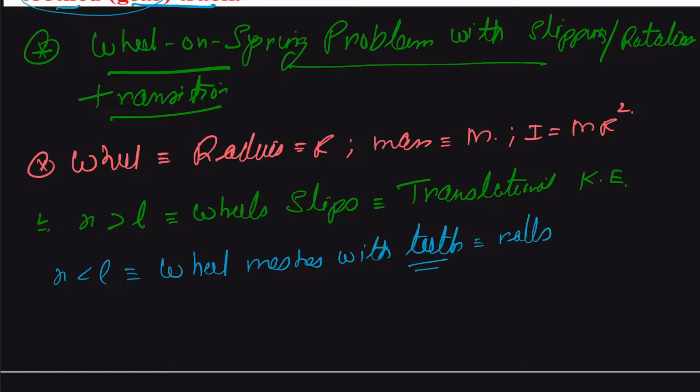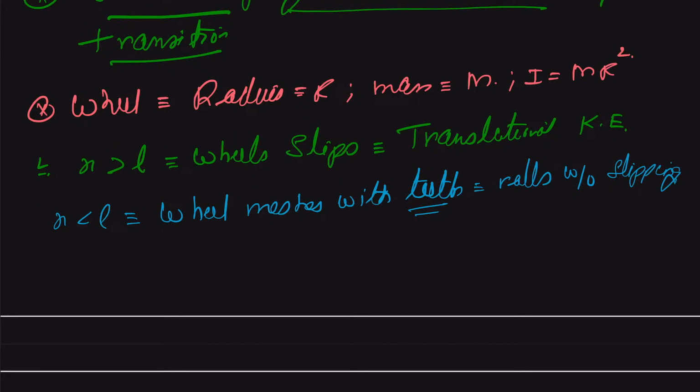Here the teeth play the part of friction. And if it rolls without slipping, we can say that v is equal to R multiplied by omega, and our kinetic energy will be translational plus rotational. So this is the basic premise of this entire question.